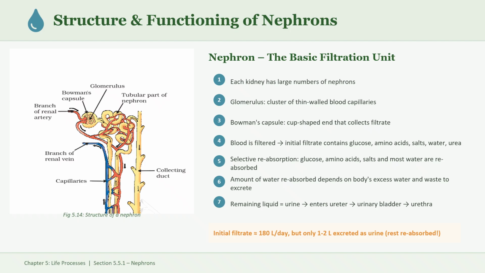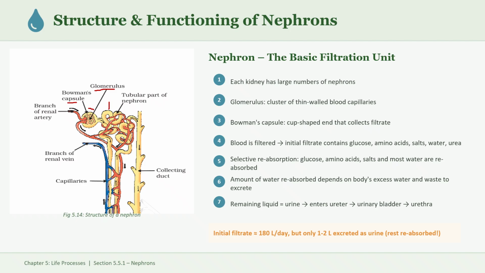Each nephron consists of the glomerulus, a cluster of capillaries, and also the Bowman's capsule, a cup-shaped structure, and also this long coiled tubule that you can see. This nephron plays a very crucial role in filtering the blood and forming urine.